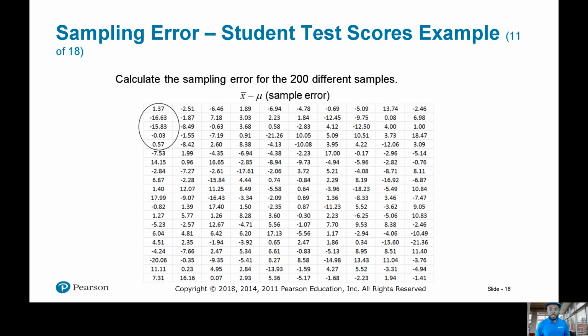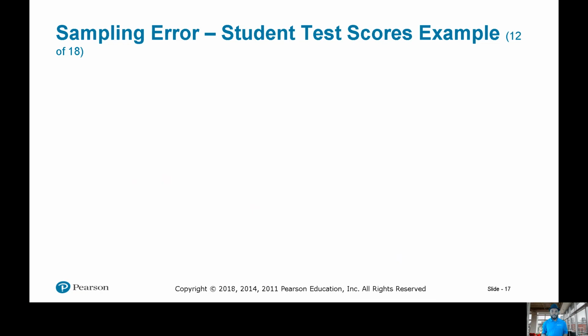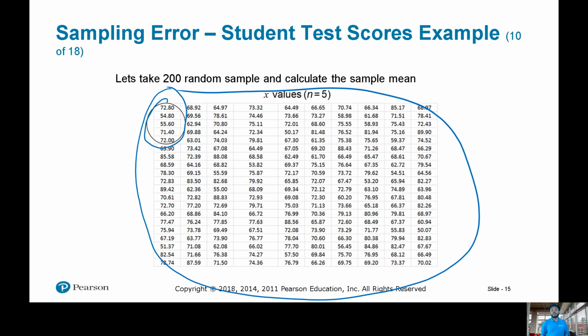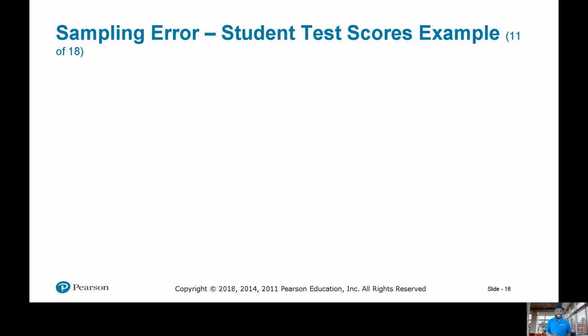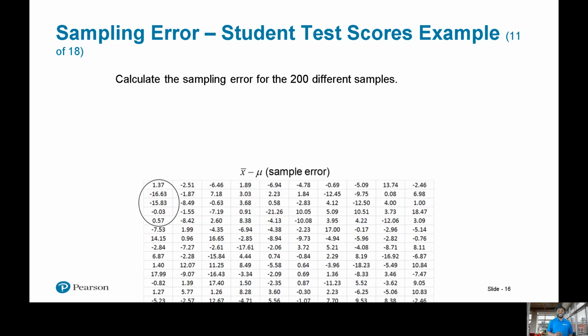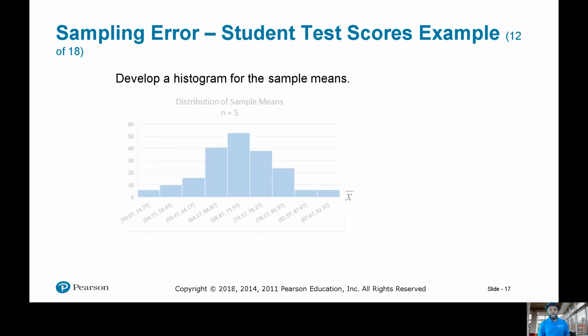Of course, this is just a repetition to show you that there is that fluctuation. And if you develop a histogram of these sample means, the histogram will be close to being normally distributed. That's something very interesting that we're going to explore.